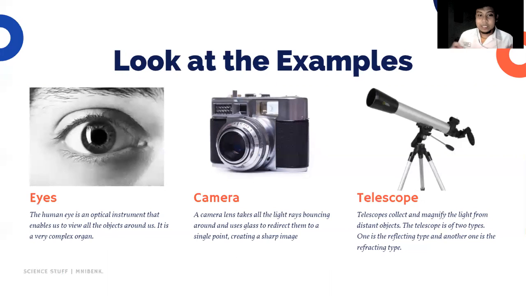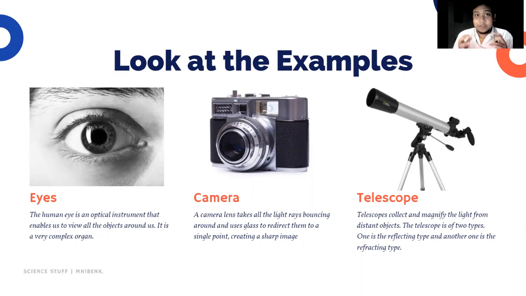Okay, so the next is the camera. A camera takes all the light rays bouncing around and uses glass to redirect them to a single point, creating a sharp image. It's basically just like an eye. It captures light through the lens and projects it to the back, and from that light it can create an image, and when we snap it, it captures the image permanently.